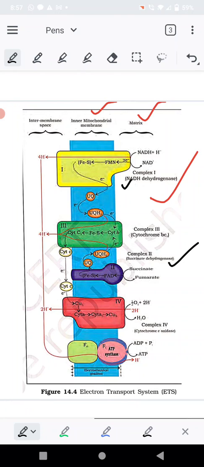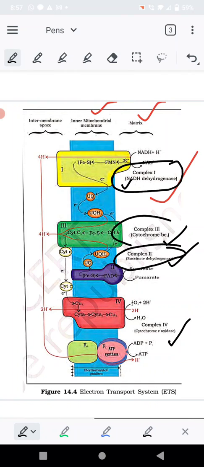Complex 3 is known as cytochrome BC1, and complex 4 refers to cytochrome C oxidase. So we have these 4 complexes in the electron transport system. The fifth complex is actually the ATP synthetase. It is regarded as the fifth complex, or we can also call it the ATP synthetase.